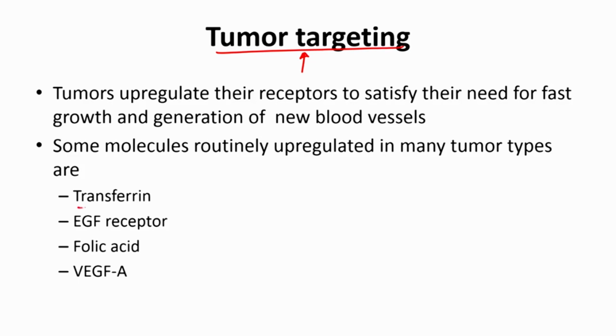So, transferrin is one, which is a protein that shuttles iron. You have EGF receptor, which is a growth factor receptor. Similarly, folic acid is another one that is required for growth. VEGF is for blood vessel growth.